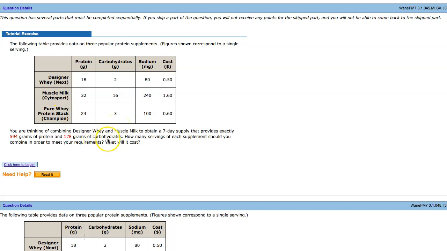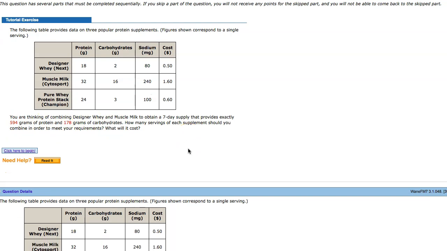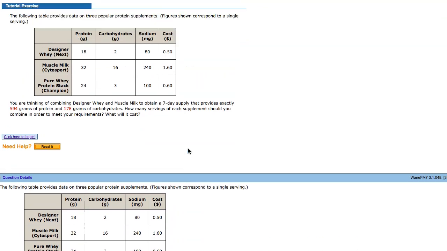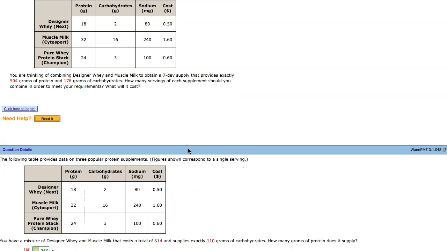You're thinking of combining designer and muscle milk to obtain a 7-day supply that gives you 594 protein, 178 carb. How many servings of each supplement should you combine in order to meet your requirement? What will it cost? Let's see. And now the cost, we do that at the end. That's kind of separate.